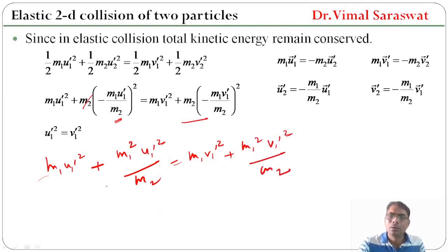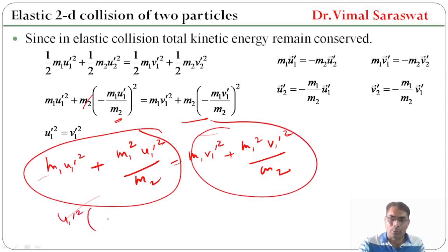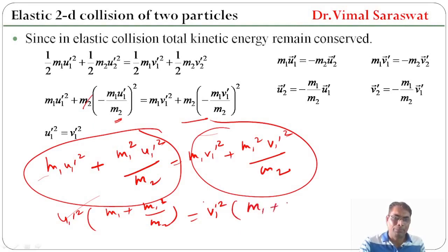Now u1 dash square is common here and v1 dash square is common here. So if we take u1 dash square common here, then in bracket m1 plus m1 square upon m2, and on the right hand side v1 dash square is common, and in bracket m1 plus m1 square upon m2. Now m1 plus m1 square upon m2 will be cancelled out. So u1 dash square equal to v1 dash square.